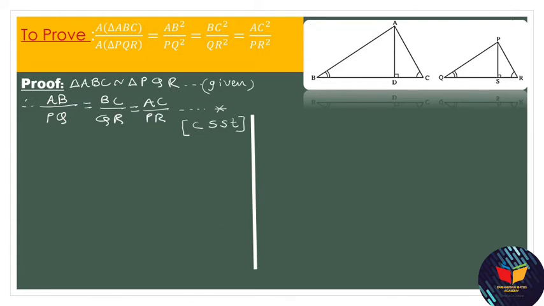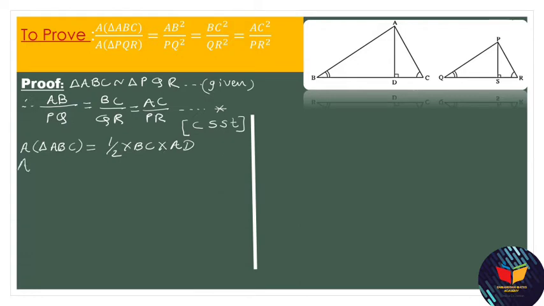Okay, now as we know, what is the area of triangle ABC? We know that it is 1/2 base into height. Now what is the base? Here it is BC, and the height is AD. Okay, so 1/2 base into height.